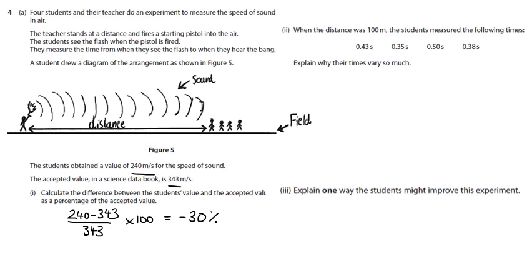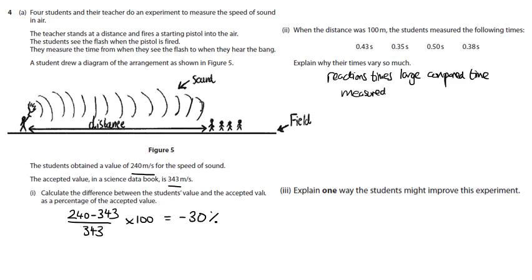When the distance was 100 meters, the students measured these times. Explain why their times vary so much. Okay, so there's various reasons. So their reaction times are very large compared to the time measured.